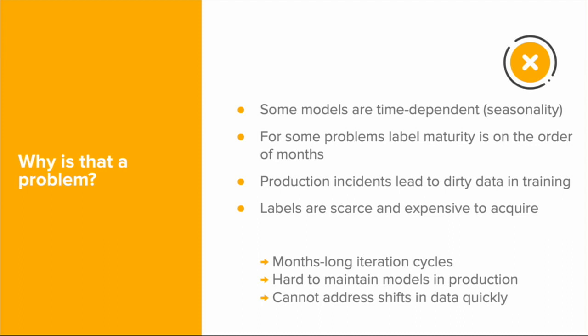Let's consider Airbnb, where we're a travel business, and we have seasonality in our travel trends. A lot of our models need to train on a year of data to account for that seasonality. So if I'm waiting for my logs to accumulate, then every time I launch a new feature, I have to wait a year to have that feature accumulate seasonal values. That's not great. In other cases, labels take a really long time to mature.